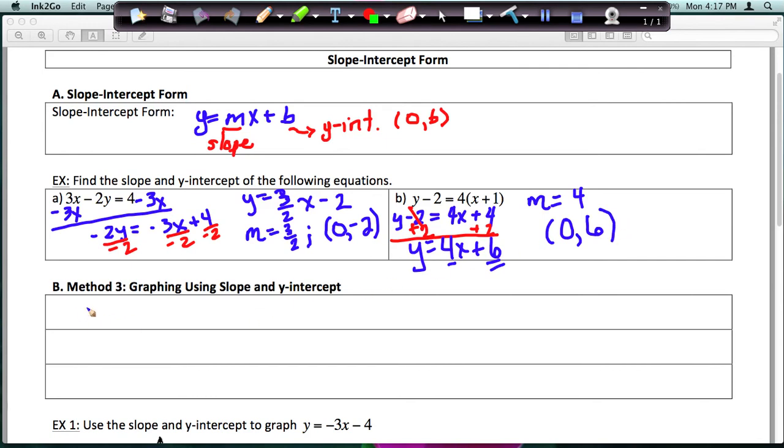Okay, so to graph using the slope and y-intercept, you need to follow these steps. The first thing is to plot the y-intercept.